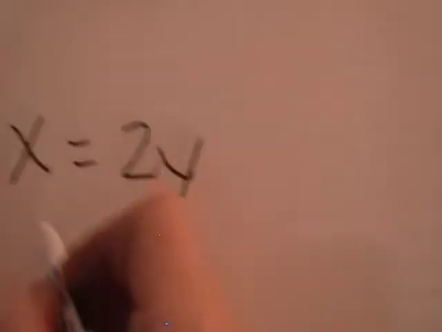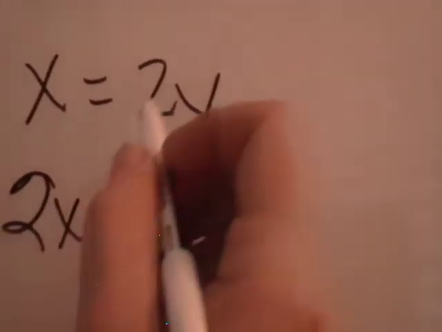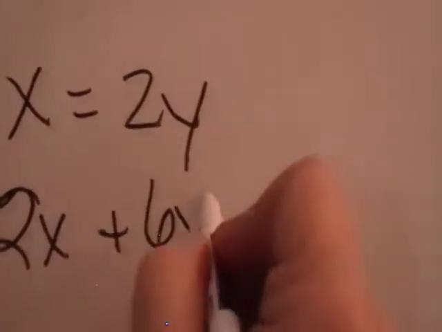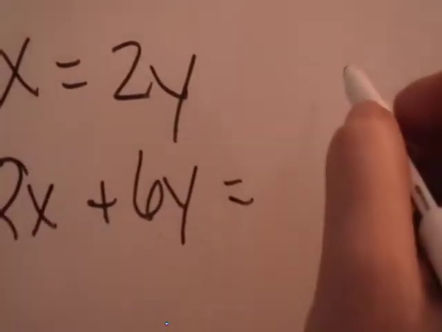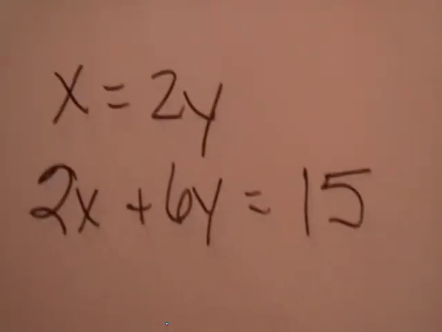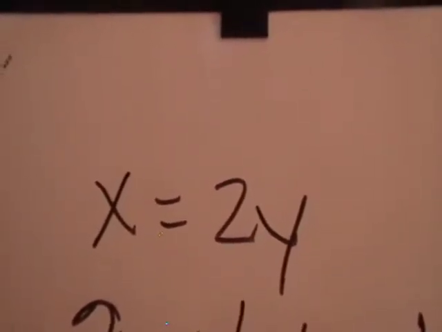Okay. The next problem is x equals 2y and 2x plus 6y equals 15. All right, remember we want to substitute, but look, this one is already set up ready for us to go.